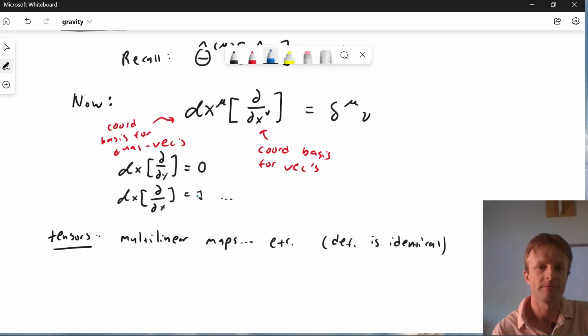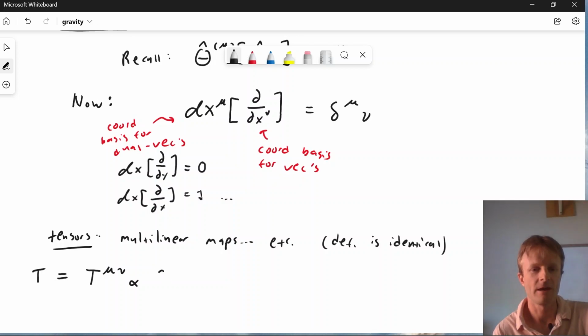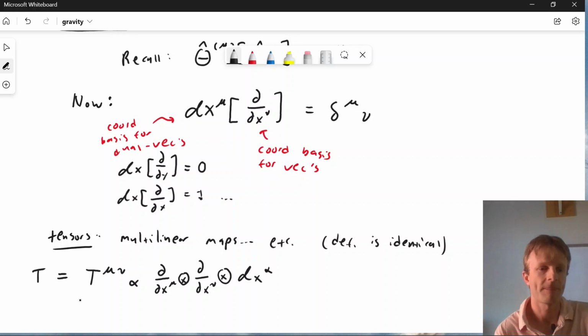So for example, I don't want to write out n upper and m lower indices or something, but I could just do T mu nu alpha or something. That's an example. So the abstract tensor T is its components, and now I need d by dx mu, if you like, tensor product. We're almost always not going to write that. d by dx nu, tensor product dx alpha. So this is our abstract tensor.